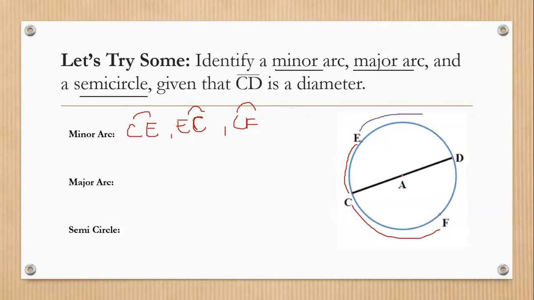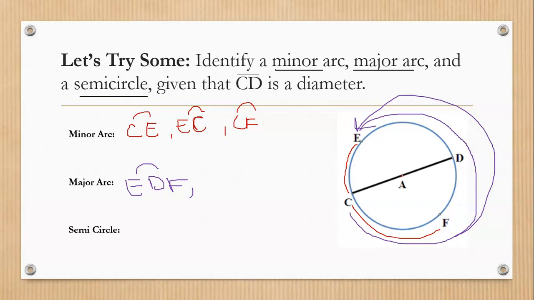We could do E, D, F. Although that appears it might be exactly 180, although we're not sure. We could do CFE. That one's really big, right? So there's a few examples. And then our semicircle, we could do CD, DC, right? From C to D or back again.